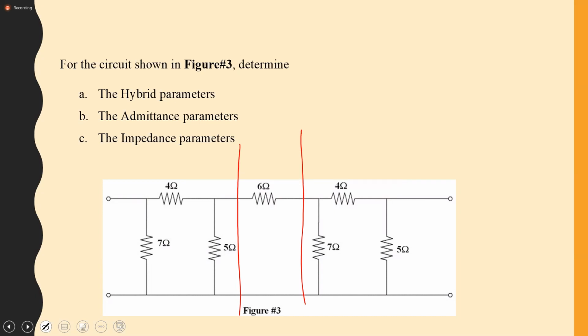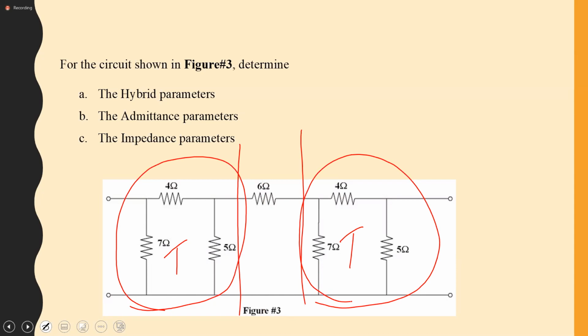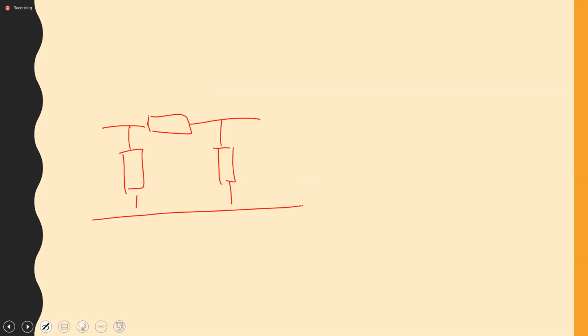So they are similar. What that means is that if you were to find the transmission parameters for this network, they'll be the exact replica for this. Yes? So it means that you only will be looking at the transmission parameters for 2 networks, which would be this Pi network, and of course this network.